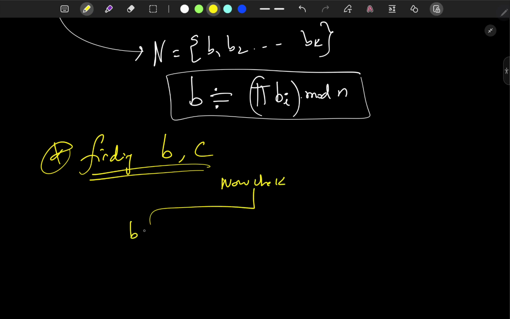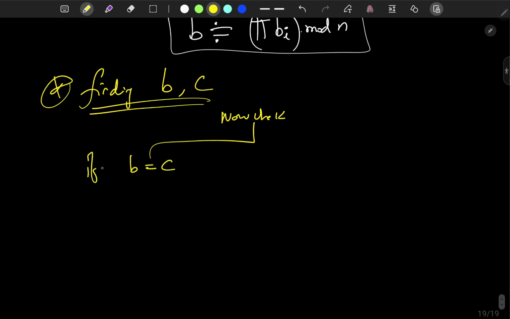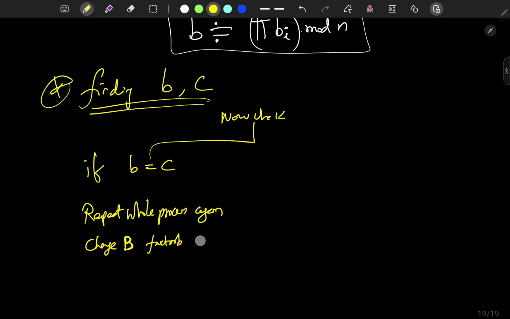If B equals C, then repeat the whole process again, meaning from the beginning, change the set of B numbers, take some other set of B numbers, and do the procedure. If B not equals C, now wait.